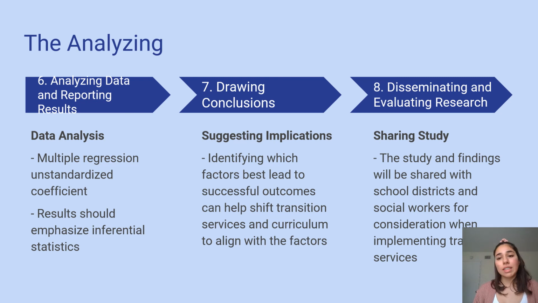The last step is disseminating and evaluating research. So then the study and findings would be shared with school districts, with social workers, for their consideration when they are implementing their own transition services.